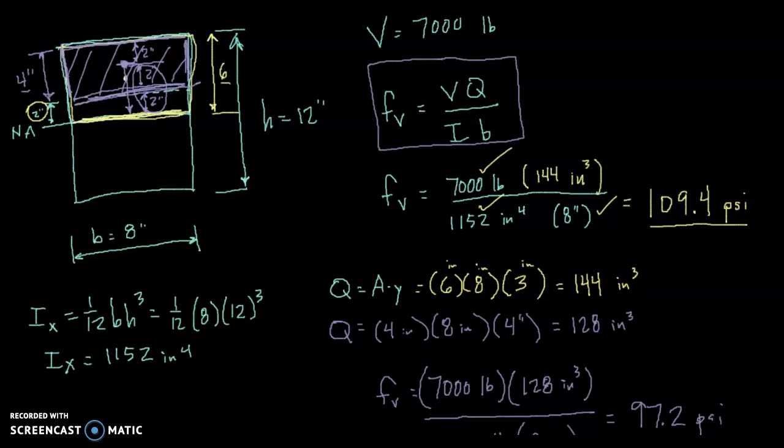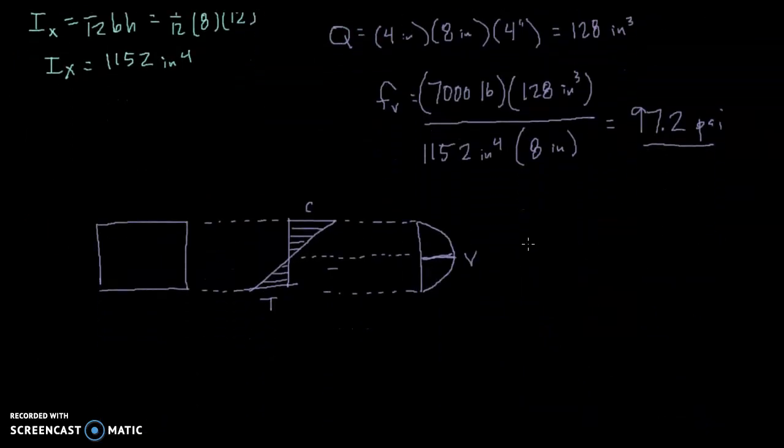While this formula can find us the shear stress at any point along the cross section, at the neutral axis or just above it, or a little bit higher, or a little bit lower, we can pick any point along the height of the beam from top to bottom and find out what the shear stress would be. Typically, we're only interested in the maximum value. As an engineer, we just need to make sure that our design is adequate for the worst possible situation, the greatest amount of shear stress.